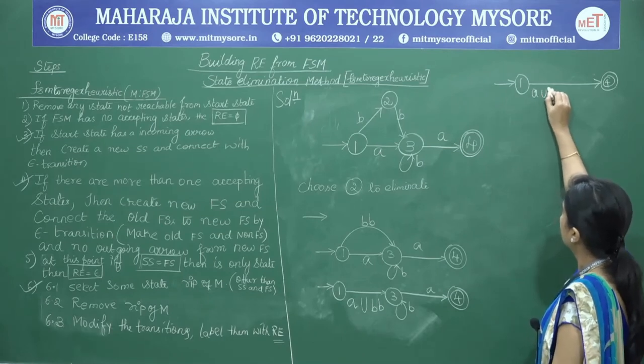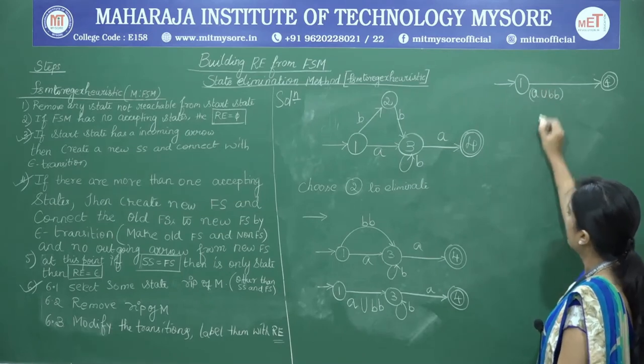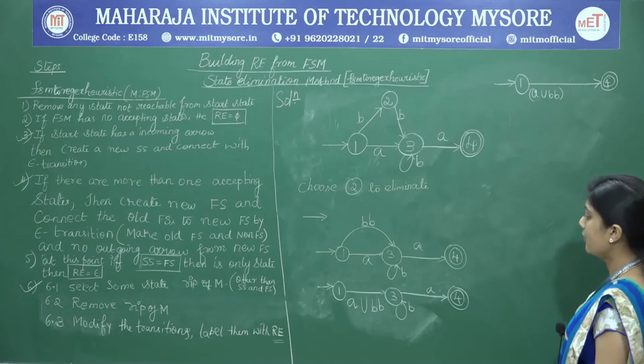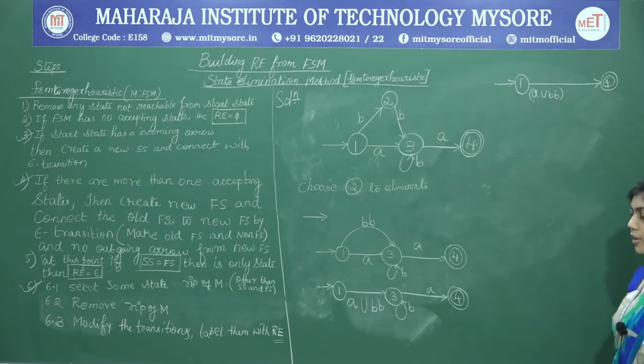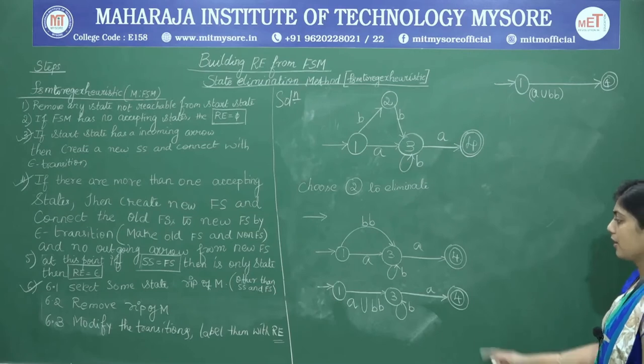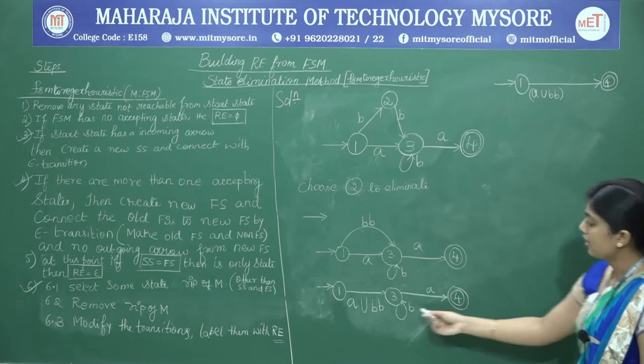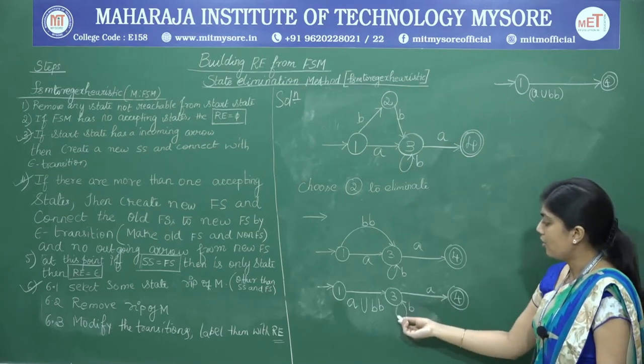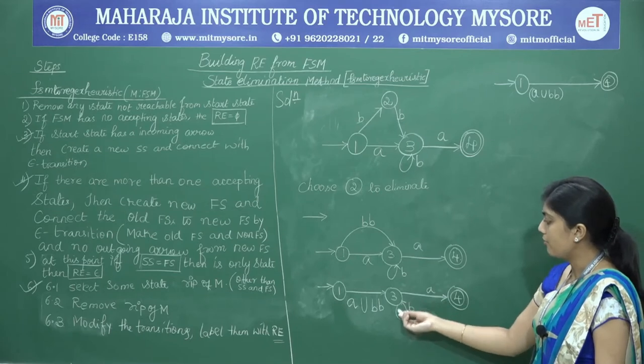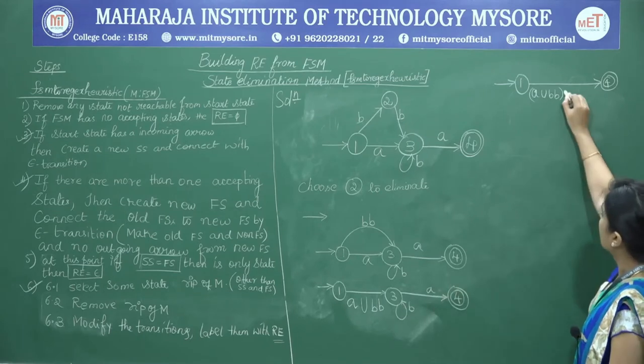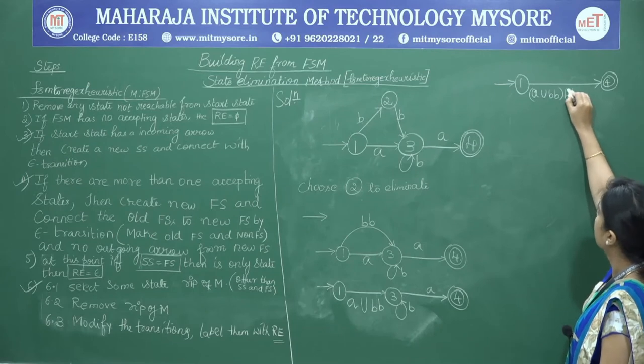A union BB is going to remain as it is. We are going to put a bracket around that because we are going to start another set of regular expression. After that it is followed by any number of B's. So any number of B's is going to be B star.